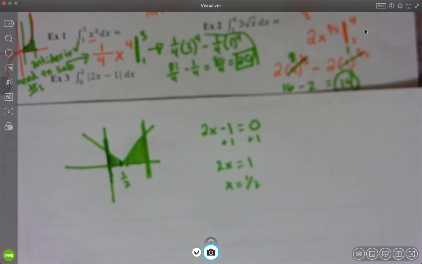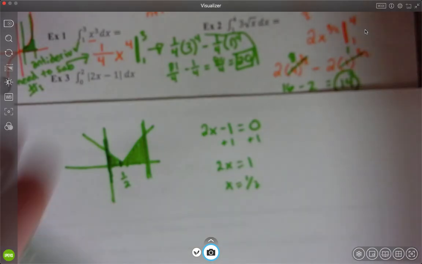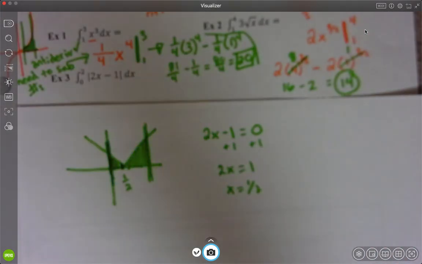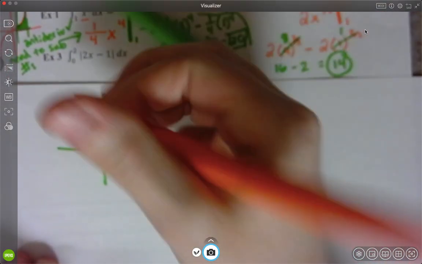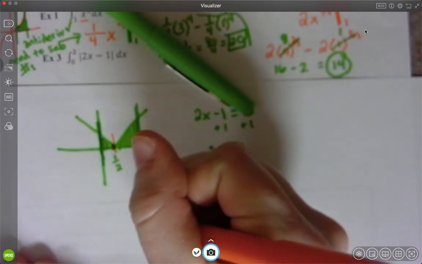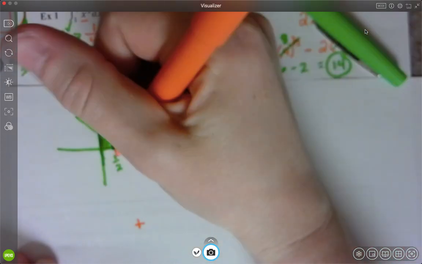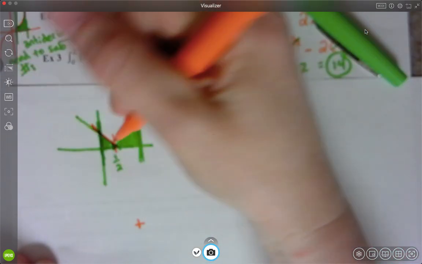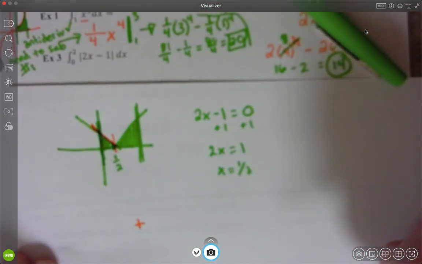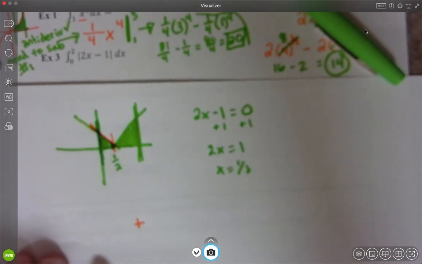Now this is one of the cases like we had in the last section where it's going to be easier to section it off into 2 separate integrals that you add together. The first one is going to be the left side over here. Because that left side is going downhill, it's the negative of the absolute value.